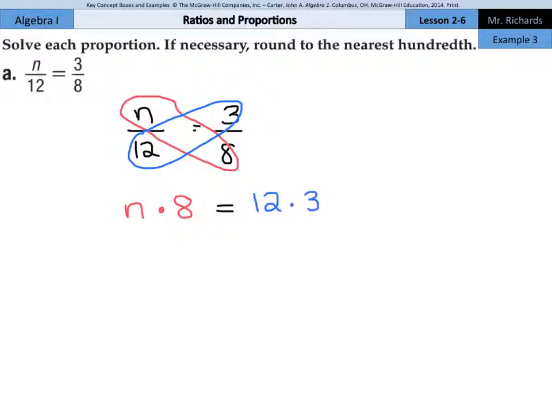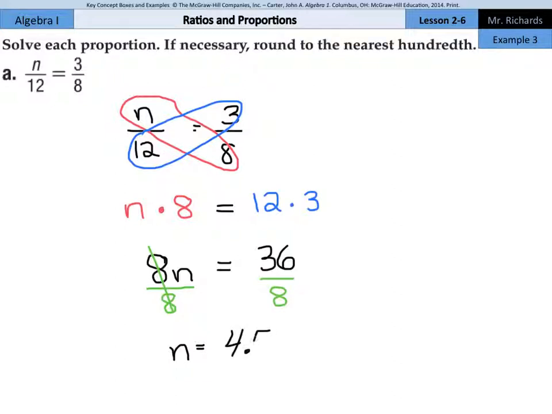Now the order in which you write these does not matter as long as you have the n with the 8 and the 12 with the 3. Now n times 8 simplifies into 8n, and that's going to equal 12 times 3, which simplifies into 36. And now I have a handy-dandy one-step equation where if I divide by 8 on both sides, n is going to equal 4 5/10.